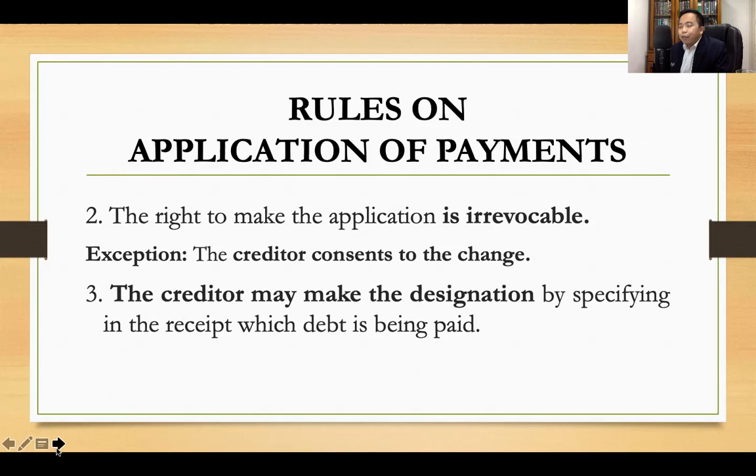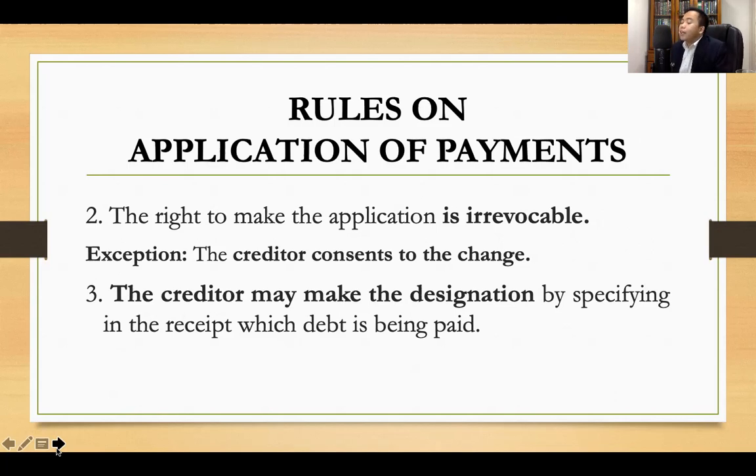Now, if the debtor fails or refuses to exercise his right to apply his payment, then the creditor may apply or may make the designation by specifying in the receipt which debt is being paid. In other words, upon the failure of the debtor to apply the payments made, then the creditor may do so.